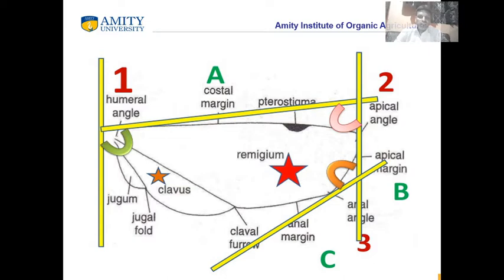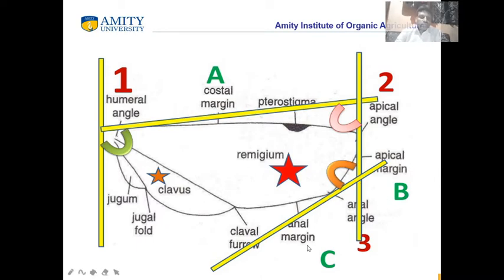These are the three sides and the three margins. Similarly, there are three angles. The humeral angle is the formation between the body axis and the costal line. The apical angle is the formation between the costal margin and the apical margin, and the anal angle is the formation between the apical margin and the anal margin.